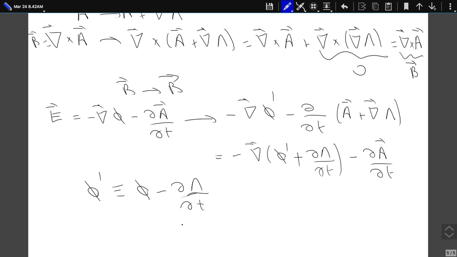Or mu epsilon del squared lambda by del t squared minus the Laplacian of lambda should be equal to the divergence of A0 plus mu epsilon del phi 0 by del t. So the question is, does this equation have a solution?